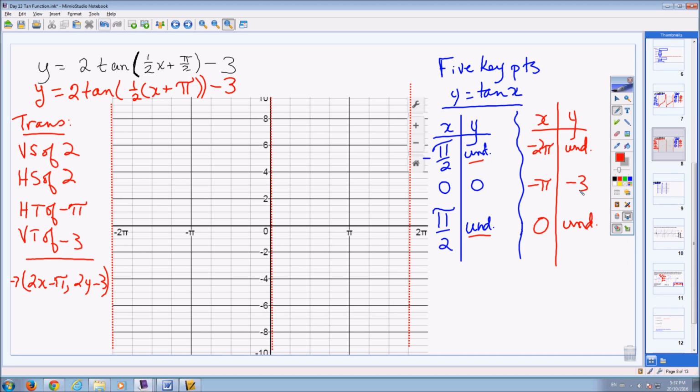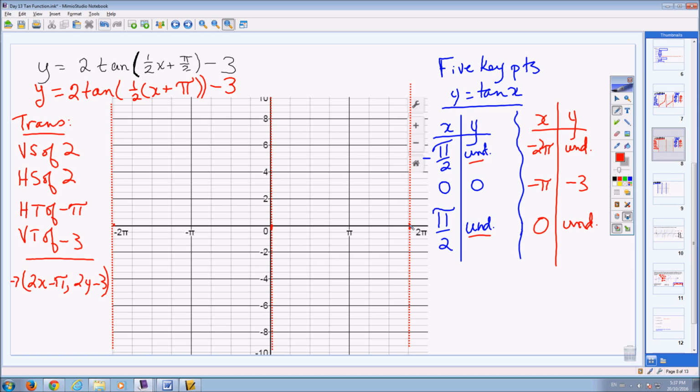On my graph here, you can see where I've already put in the red dotted lines, my asymptotes. So the first one at negative 2 pi, this one here. The second one at 0. And I've put in a third one because we always like to draw more than just one period with the tan.